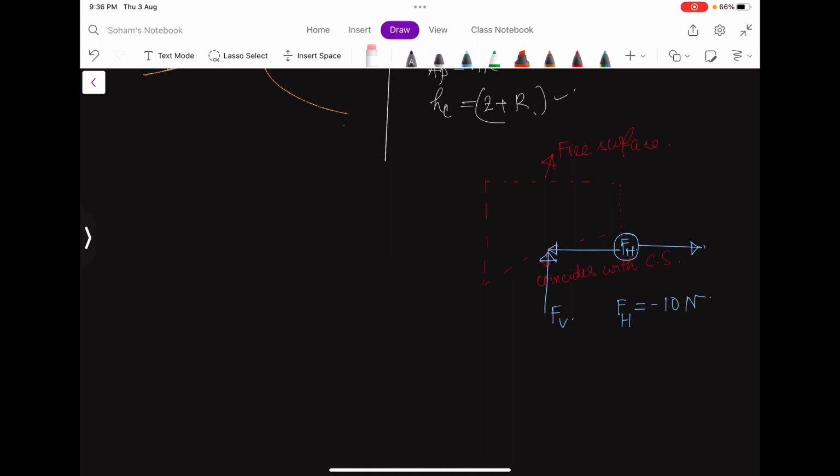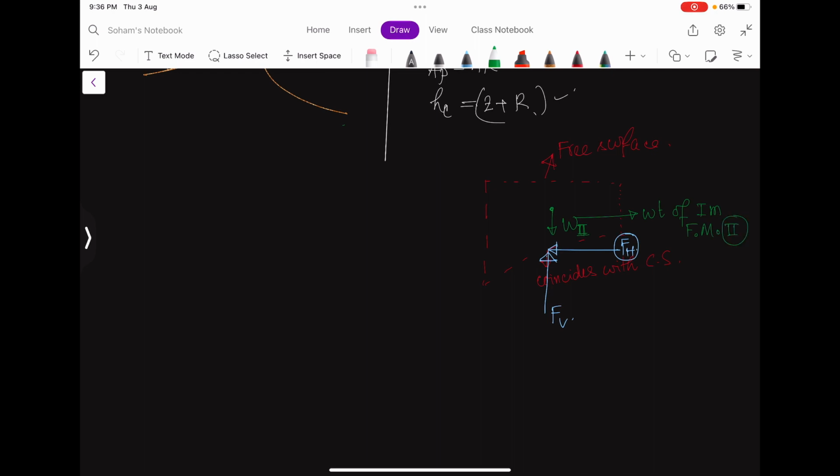So you can start by considering any of the directions. Now let us see what are the forces acting on this imaginary fluid mass. Another force is this one, that is W2, the weight of imaginary fluid mass 2, right?